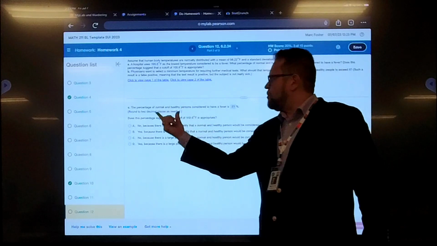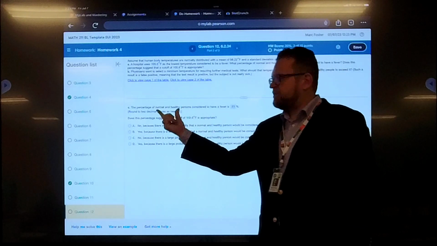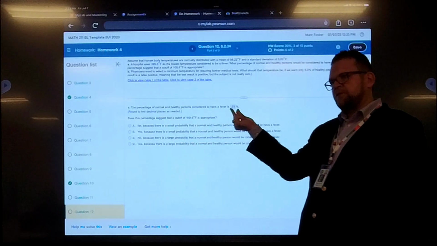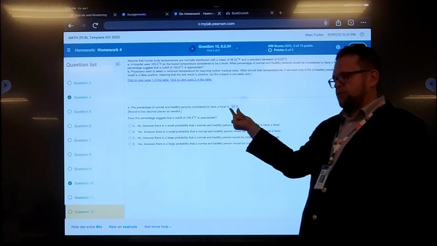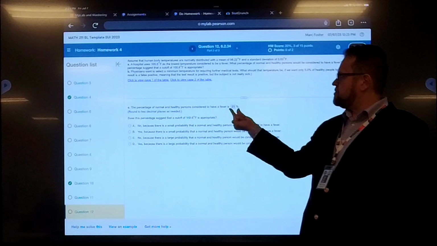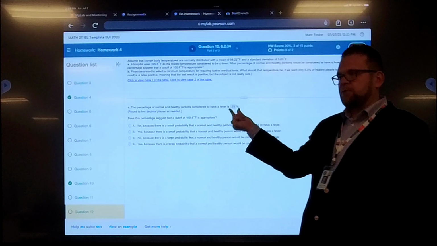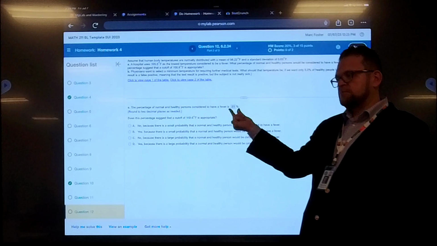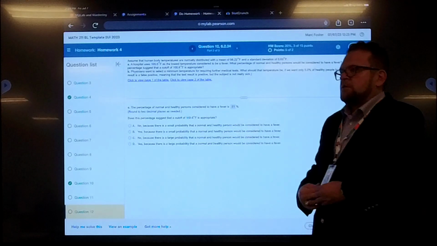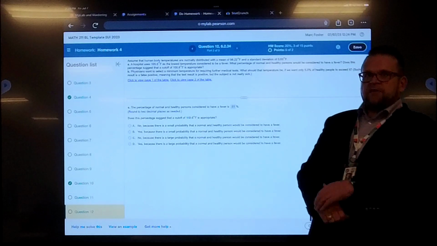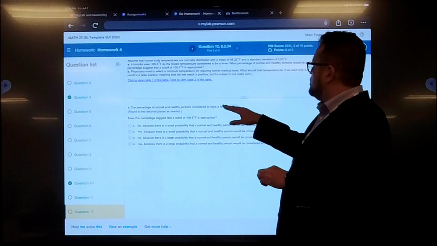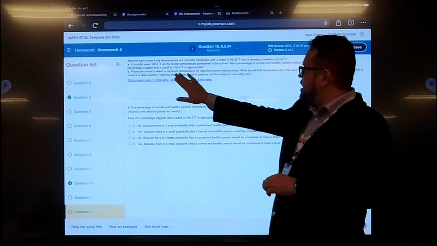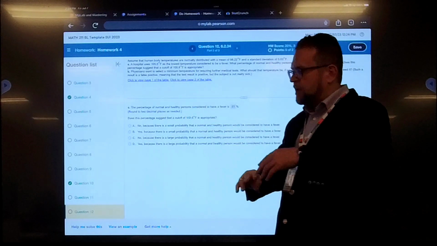How often would a normal and healthy person be mislabeled as sick? It'd be pretty slim. It'd be 1 in 10,000 people. That'd be wild, actually. Yeah, so that's exactly right. Get together 10,000 normal and healthy people. On average, one of them is going to have a temperature that's 100.6 or bigger, and there's nothing wrong with it.